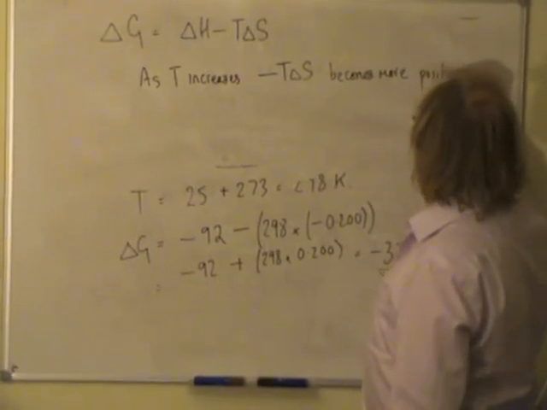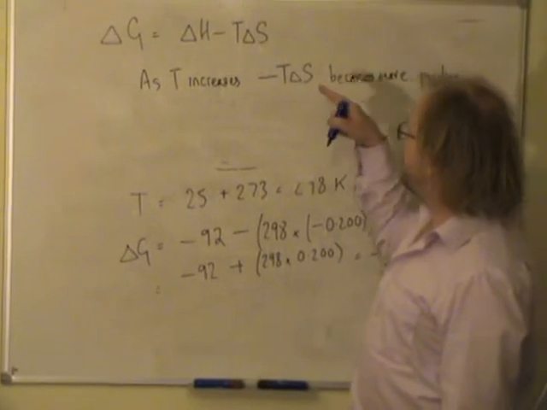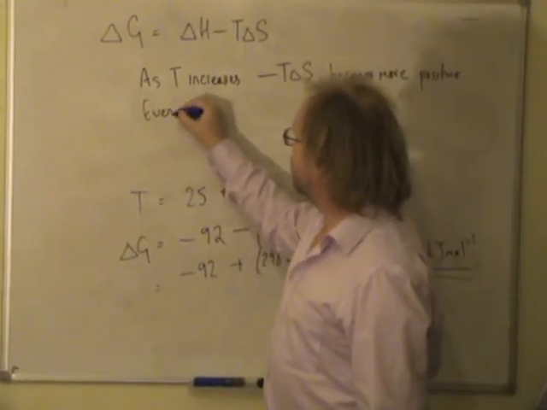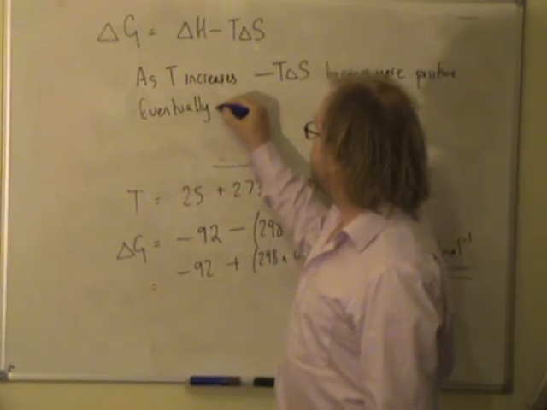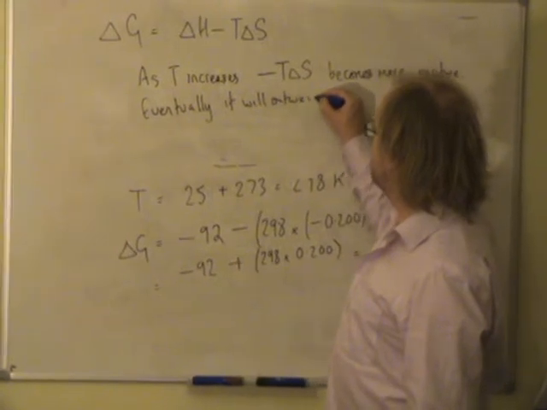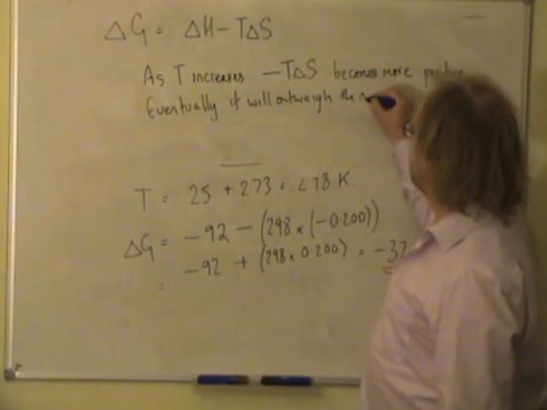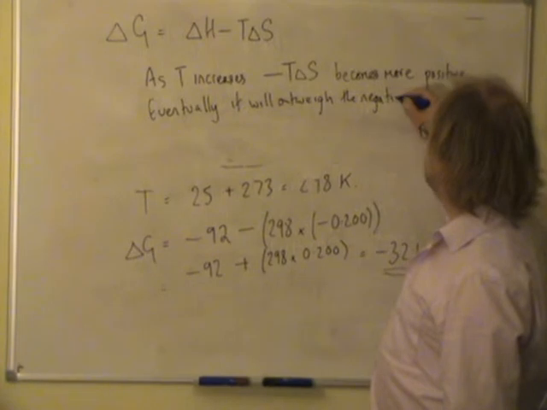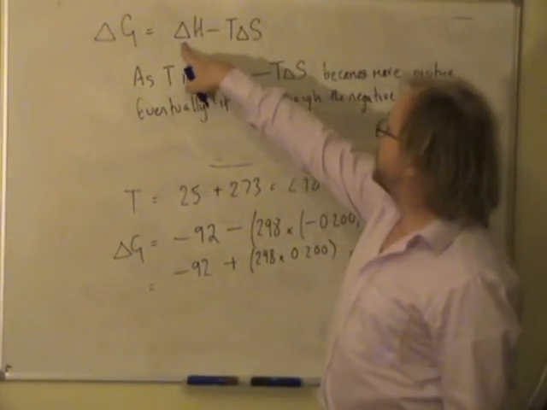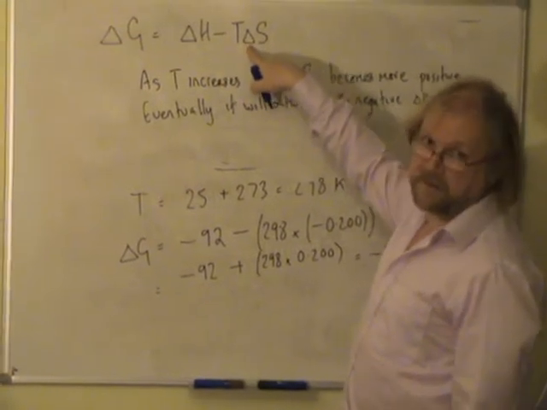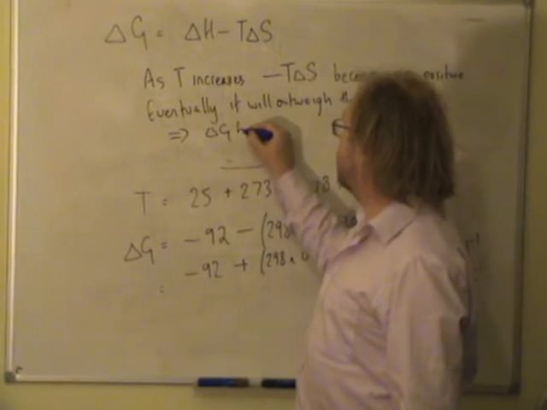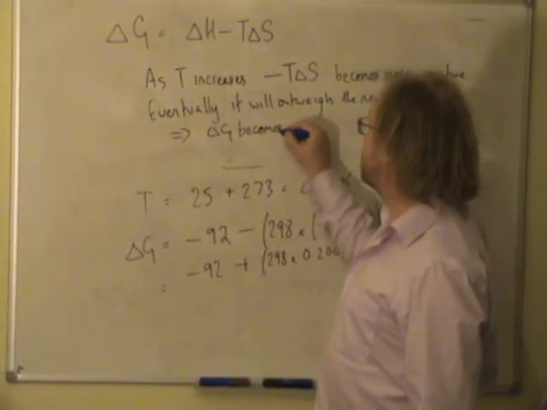And eventually, it will outweigh the negative value of delta H, so that when you compute that sum, you get a smaller negative number plus a bigger positive number, and so delta G becomes positive, and therefore the reaction stops being feasible.